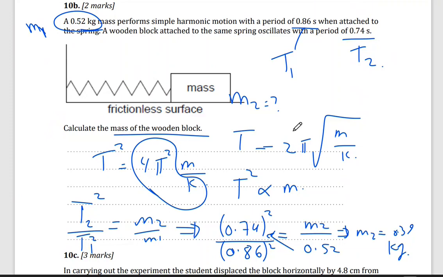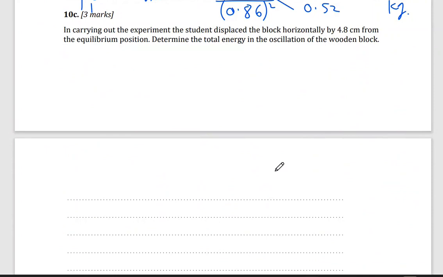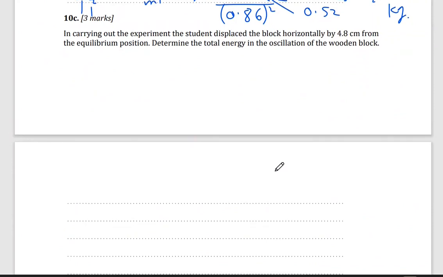Now next, for higher level physics. In carrying out the experiment, the student displaced the block horizontally. So here we have a displacement of 4.8 centimeters.